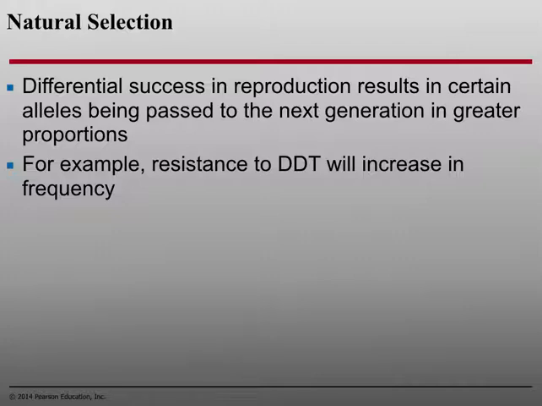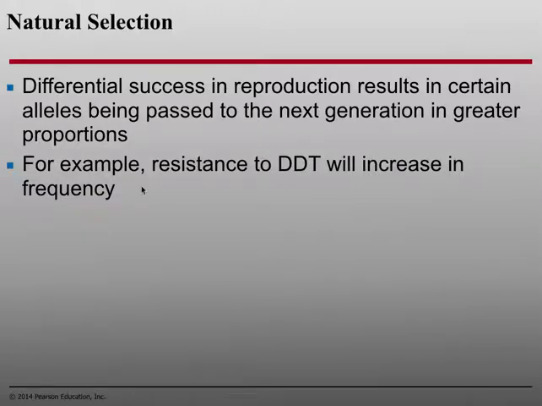So let's start with natural selection, the one you're more commonly familiar with. It's a change of genes from generation to generation. For example, if I spray plants with DDT to get rid of some pests in there, the next generation, well, there's going to be some more pests come back because they've become resistant to it.